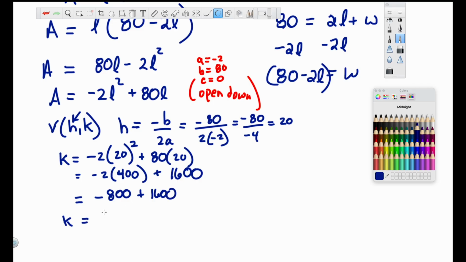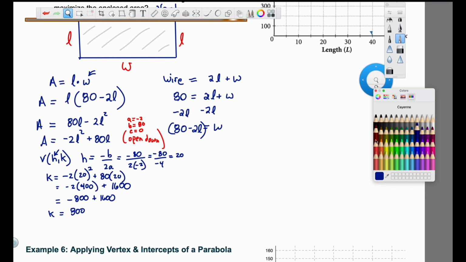So my k value is 800, and that's going to be my vertex here.